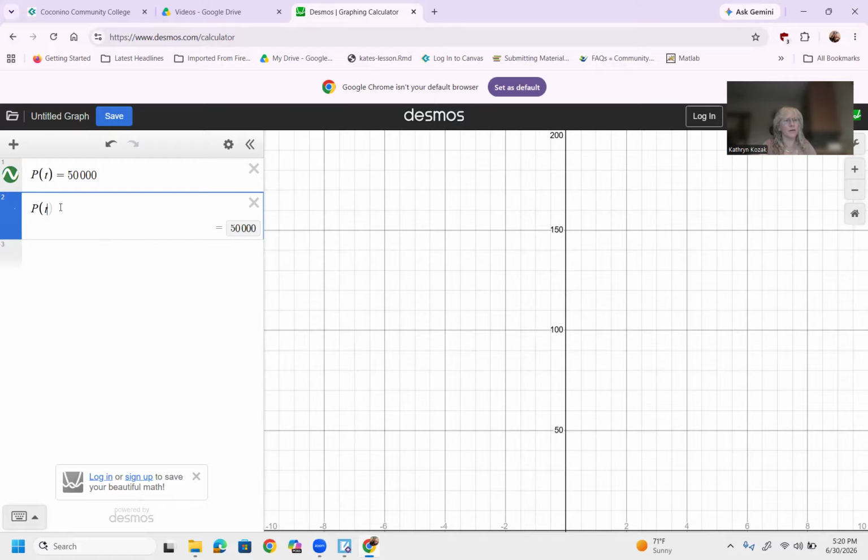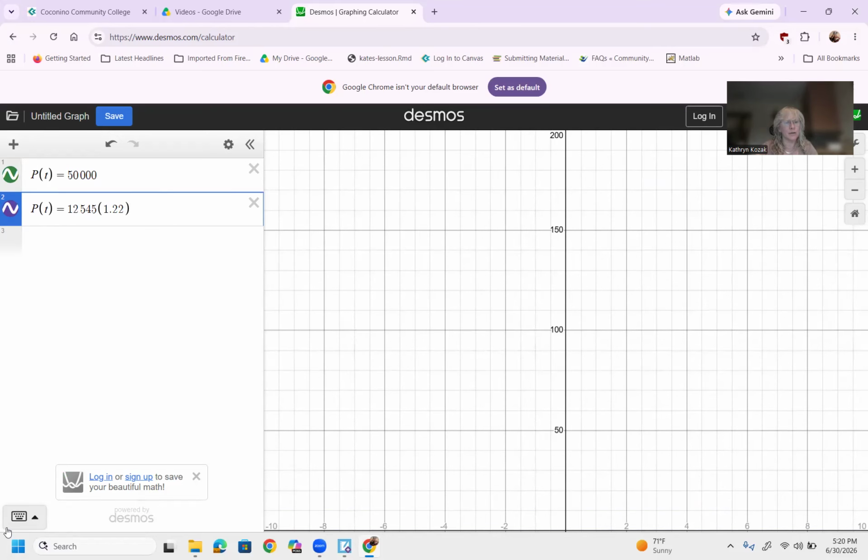And then P of t is also equal to, let's see, what was that? That was 12,545 times 1.22 to the, and to do the power, you can either just hit a caret.